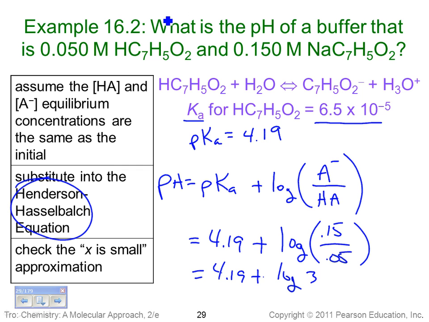Log of 3, I need a calculator to do that. Probably a negative number, is it? So what's the final pH over the positive number? Final pH is how much? 4.66.